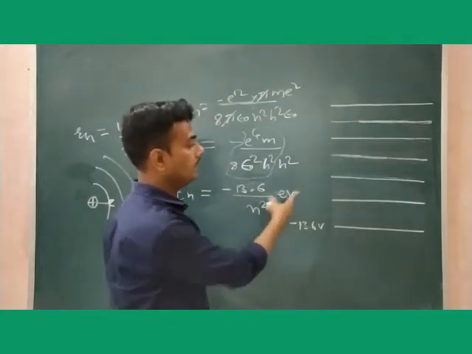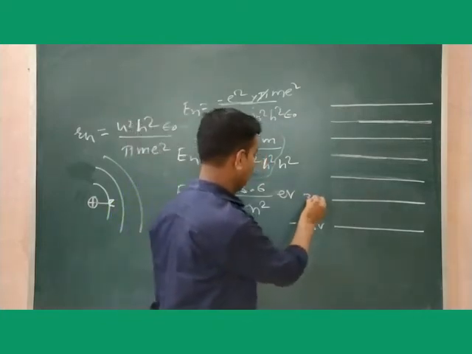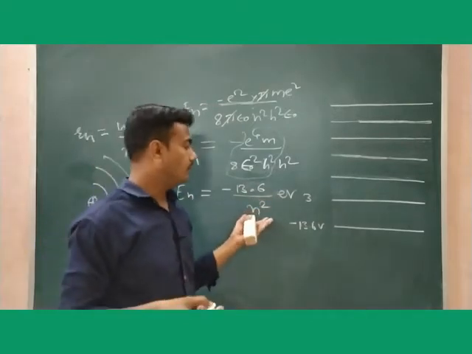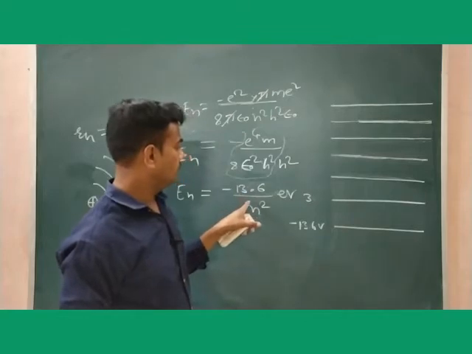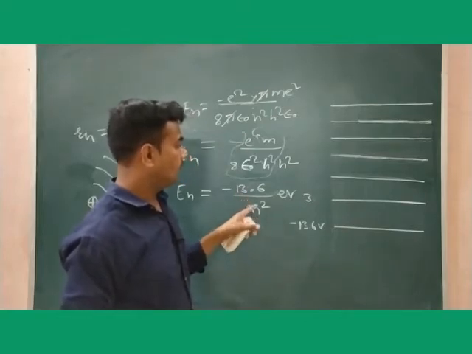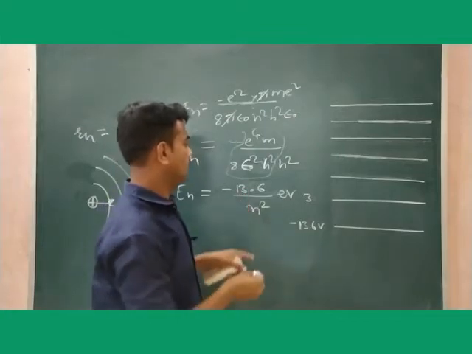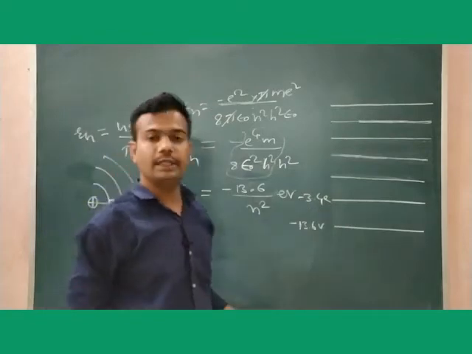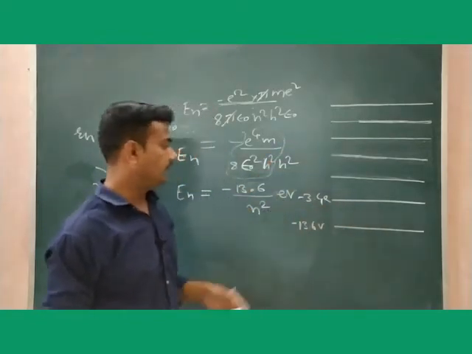So the second energy level is 13.6 divided by 4, which comes out to be minus 3.4 electron volt. These are the energies of the different energy levels, and you can calculate them with the help of this.